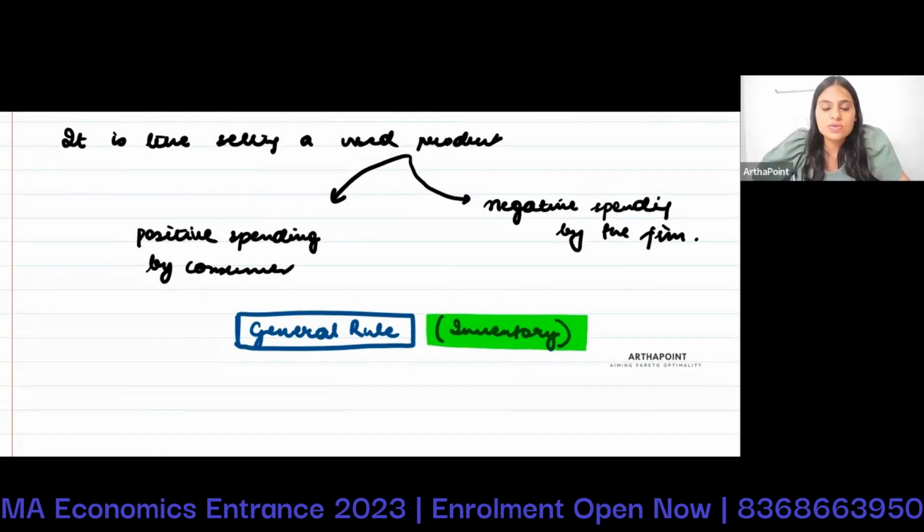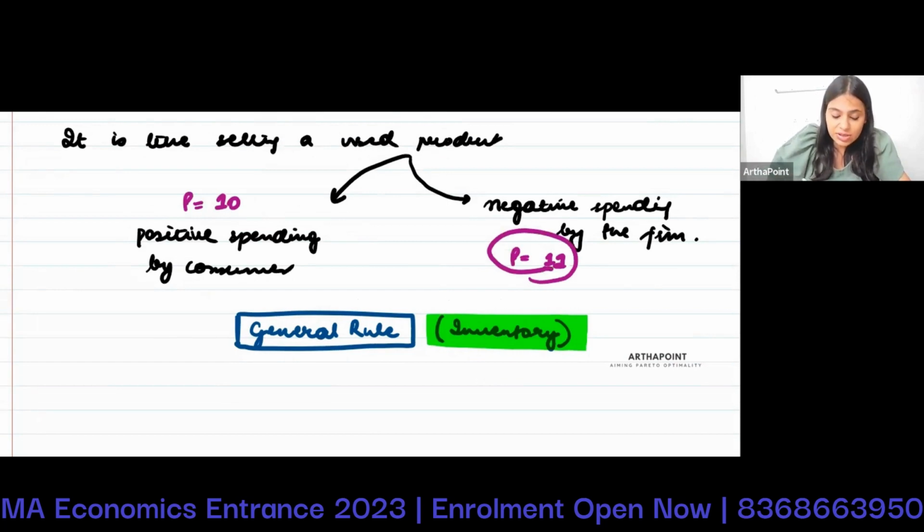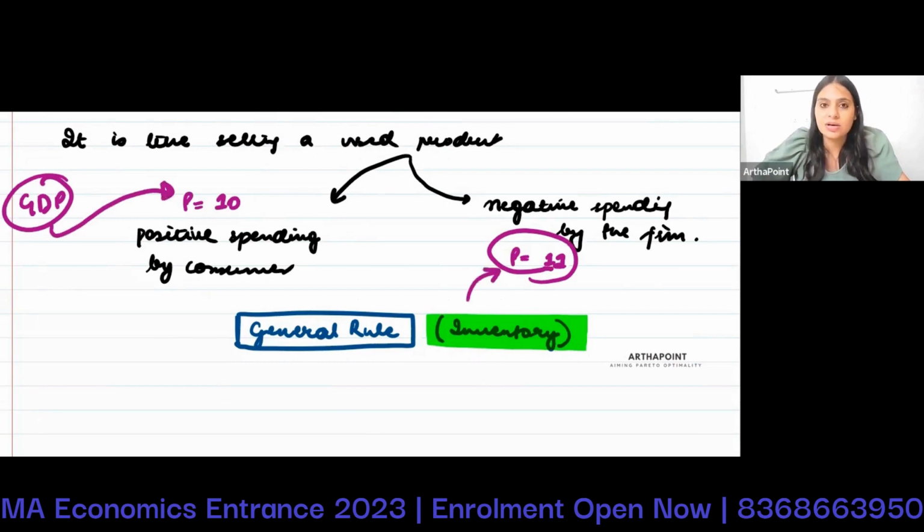So, there may be a chance that last year the price was 10 rupees, this year the price is 11 rupees. So I might have made more money, but I cannot take inflation into account, right? When I calculated the GDP, the entire price index was according to P equal to 10. So I may make more money here, but I will not say that that means an increase in GDP. Therefore, even if you receive more from the consumer the next year, you don't add even the gap to GDP.